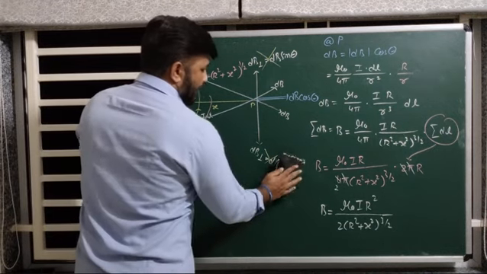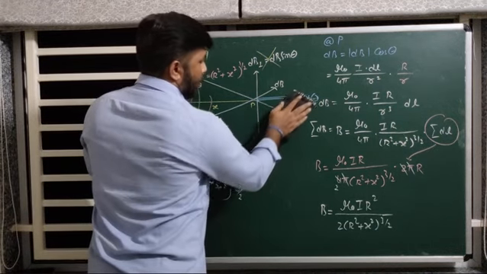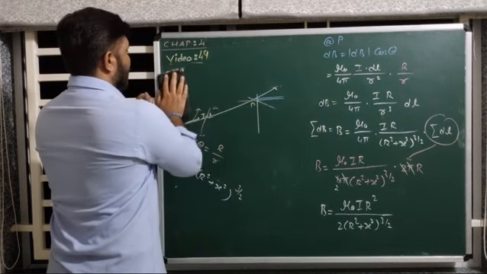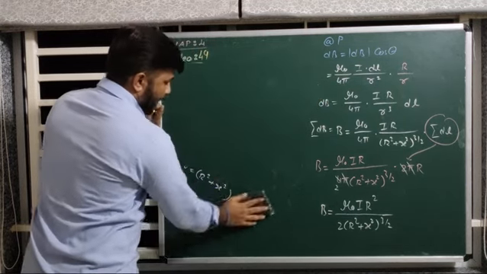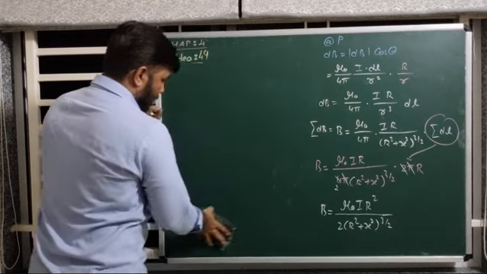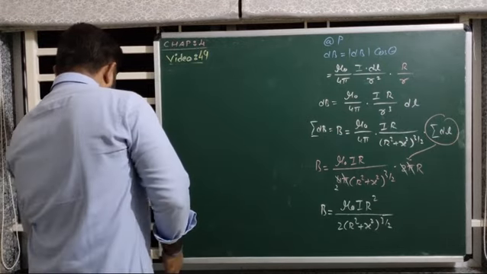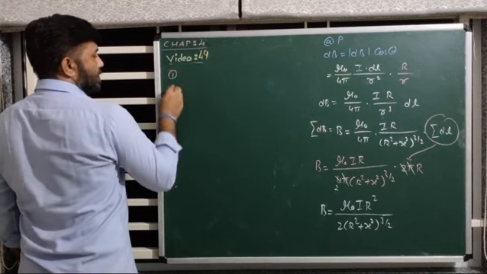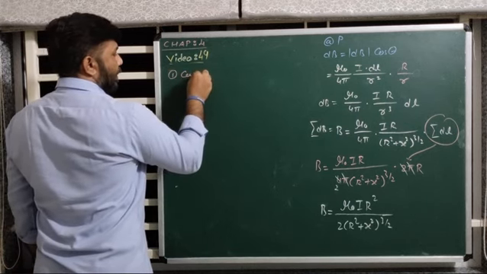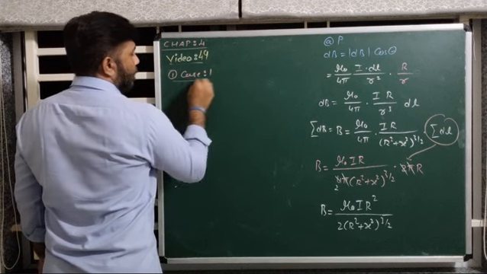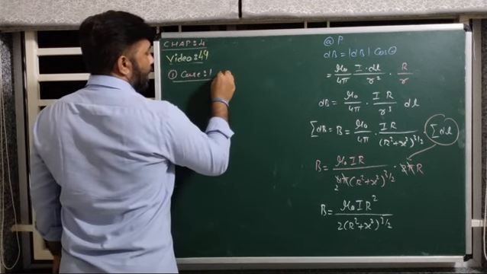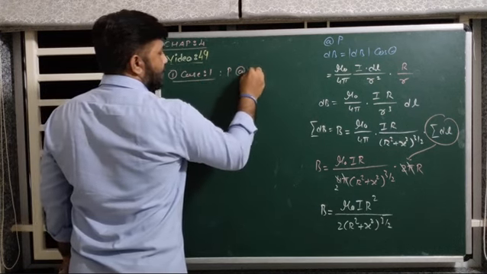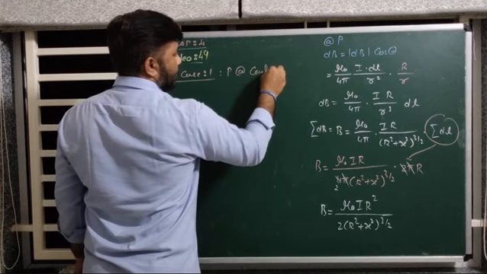Let us take the special cases of the equation of magnetic field for a circular loop. So what was the first case? Case number 1 means if point P is at the center.